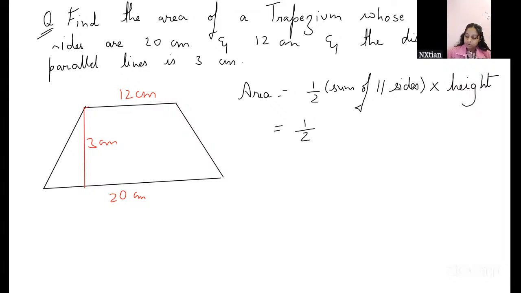One by two into 20 plus 12 into 3. First we add, 20 plus 12 is 32, then multiply by 3 and cancel.